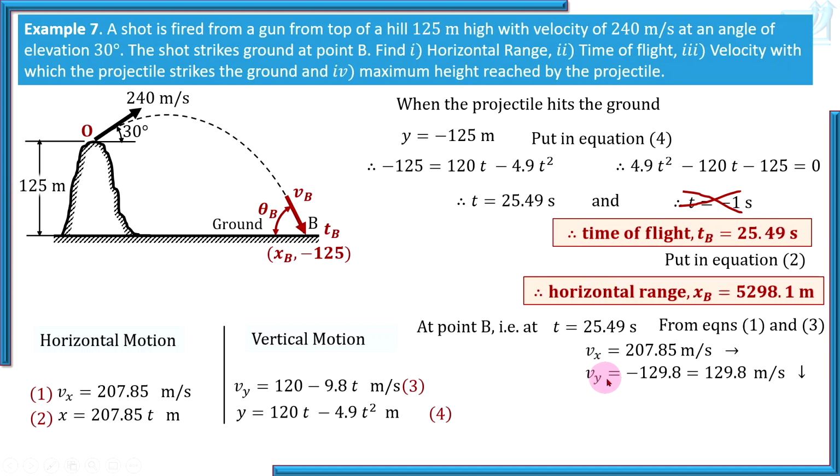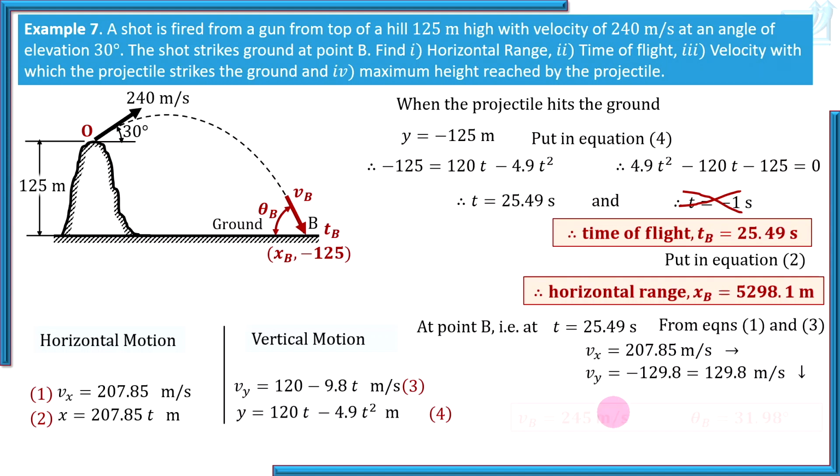Now once you know Vx and Vy, you will be able to find magnitude of velocity, root Vx squared plus Vy squared, and angle of velocity with horizontal, that is this theta b, tan inverse Vy by Vx. Or in your scientific calculator, there is a pole function.